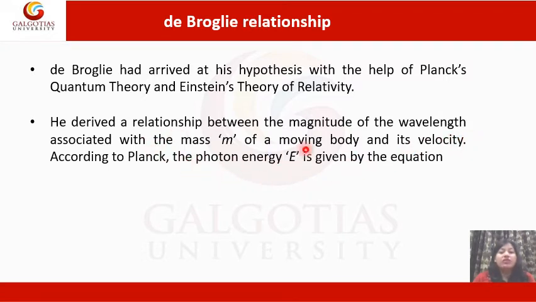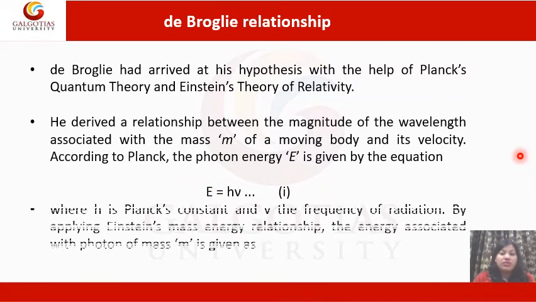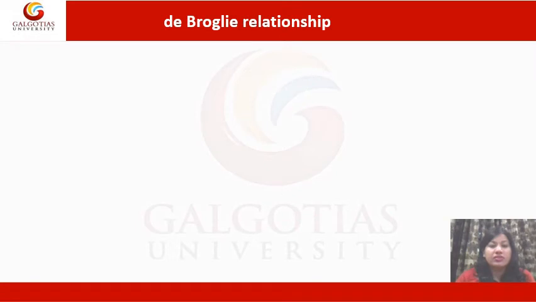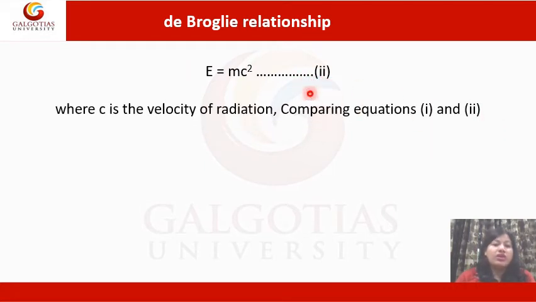According to Planck, the photon energy E is given by the equation E = hν, equation number 1, where h is Planck's constant and ν is the frequency of the radiation. By applying the Einstein mass-energy relationship, the energy associated with a photon of mass m is given as E = mc², equation number 2, where c is the velocity of the radiation.